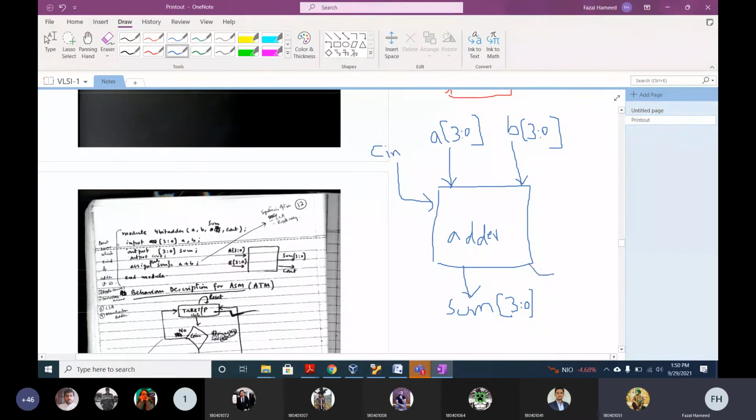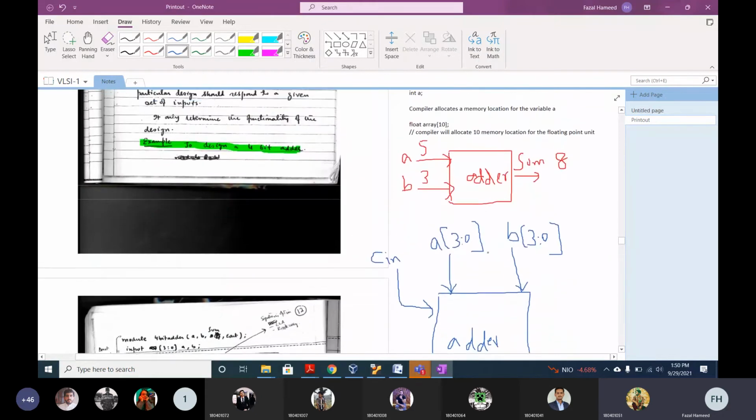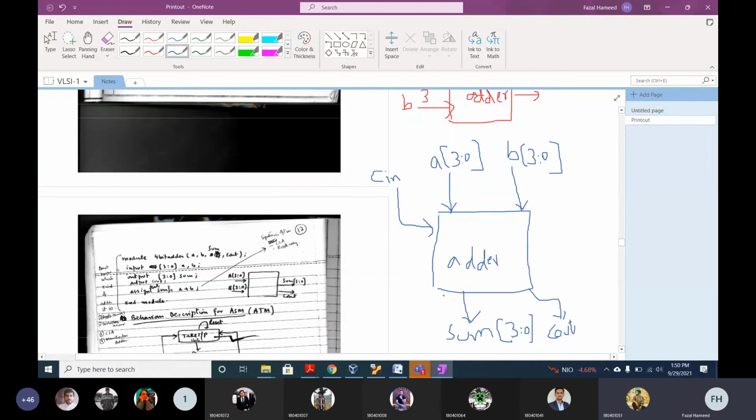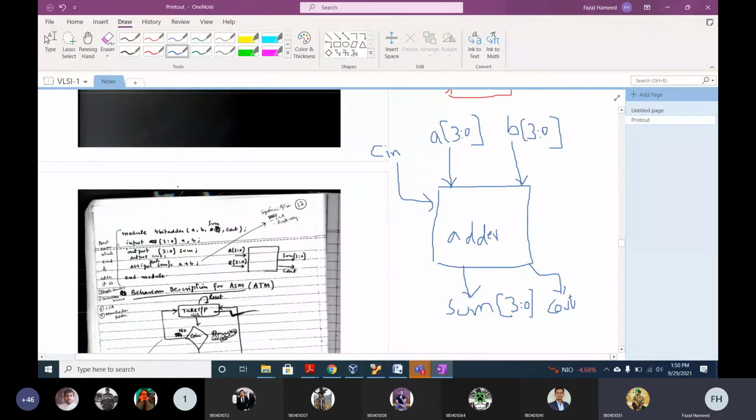C in, and now you have C out. Actually, this is a compact representation. So I can write it like this.